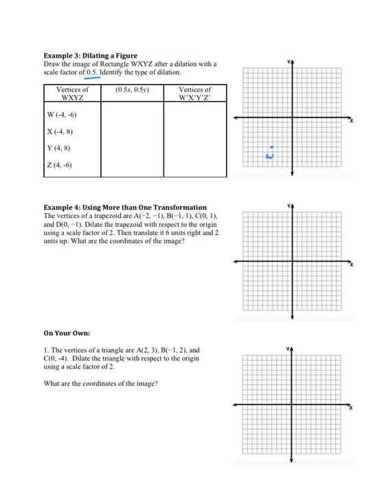That's W. We have -4, 8. That's X. We have 4, 8. That's Y. And we have 4, -6 is Z. Okay, so that is our original rectangle.